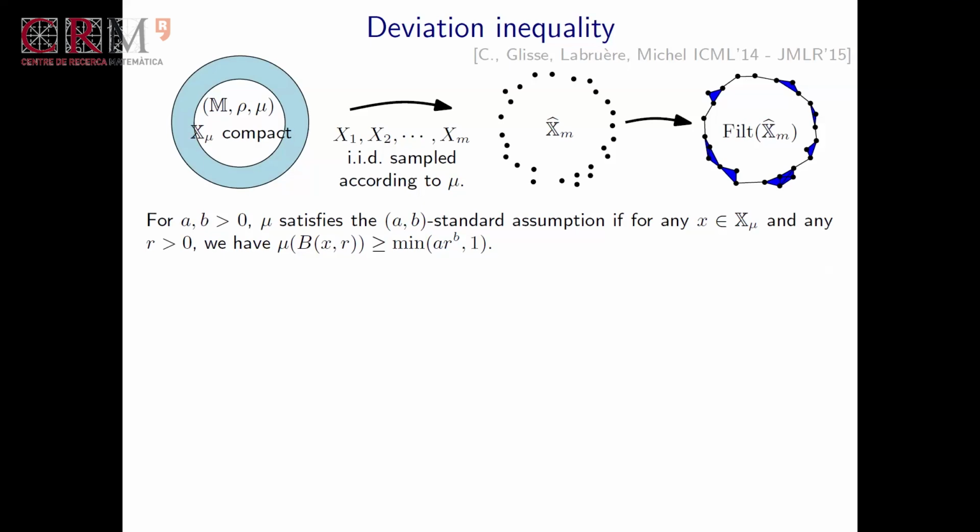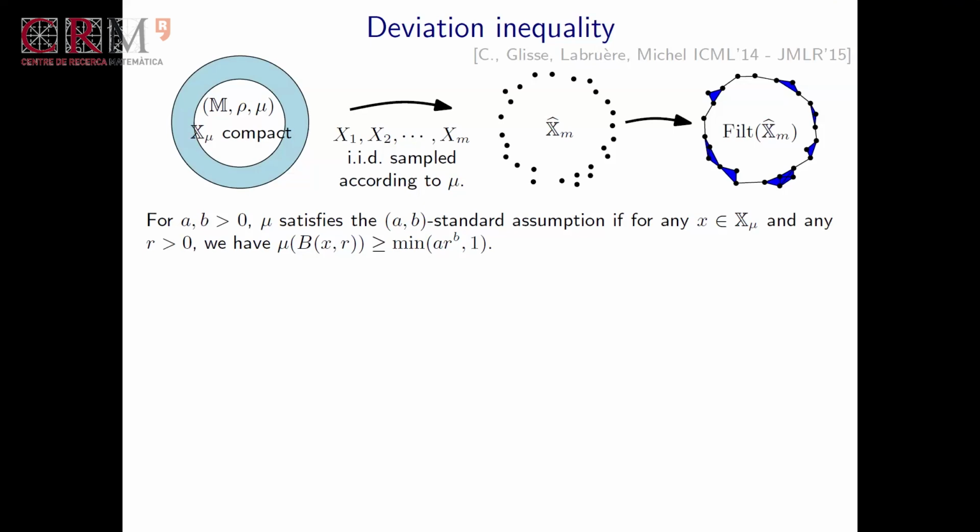If your measure has a density, and if you are on a space of dimension b, and the density does not vanish, your measure will be (a,b)-standard. So you can think about b as a kind of dimension if you work with measures with density. Is that clear? So this is a classical assumption.